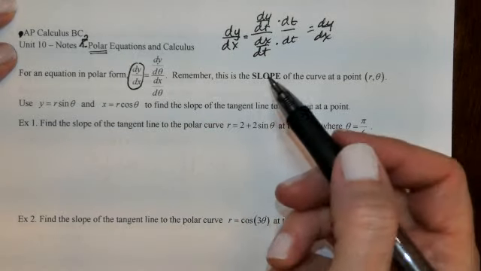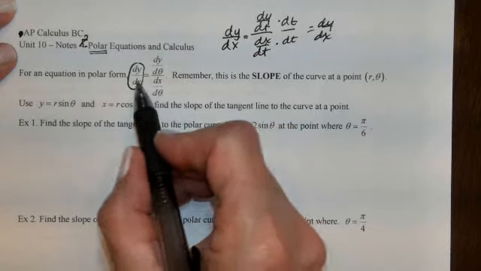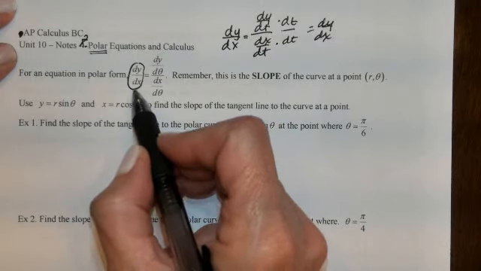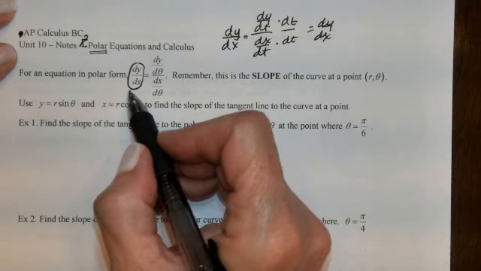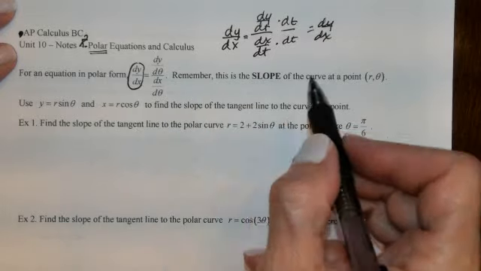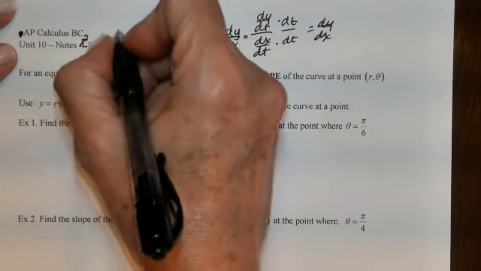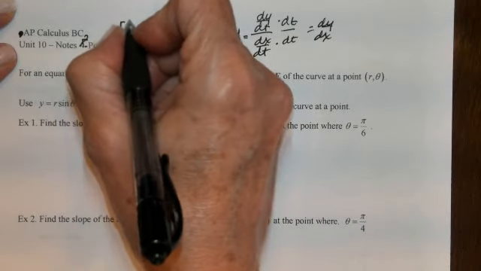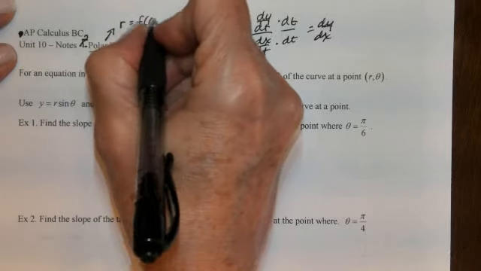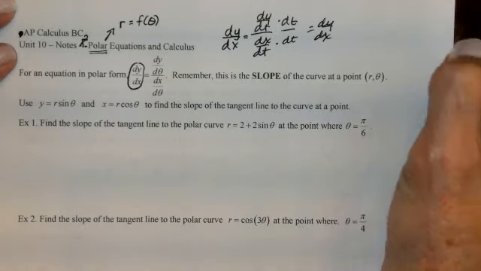So in polar form, if we want dy dx, remember that we're going to have r as a function of theta. In polar equations, r is a function of theta, right?